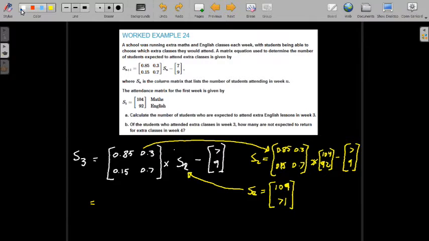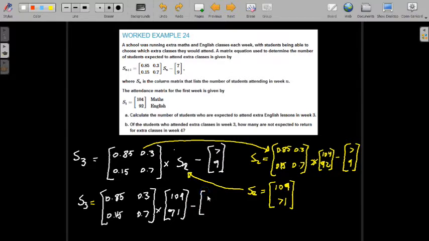So S3 is going to be that, which again, I can just type in the calculator, and I should get 107 and 57.